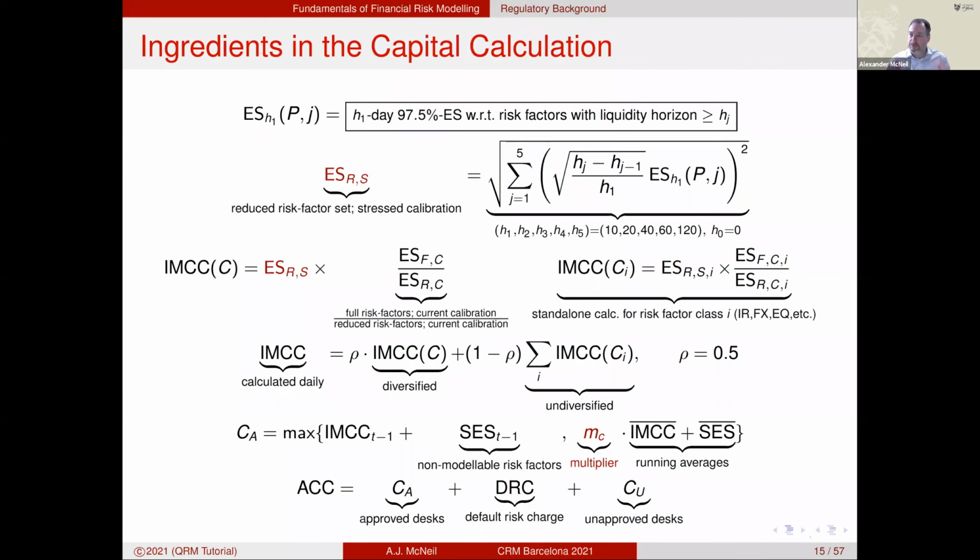They calculate expected shortfall values for different time horizons. This is designed to take into account the effect of liquidity risk. This complicated calculation in the second line is about mitigating the effect of liquidity risk by taking into account that it might take longer to sell or neutralize certain risks in the trading book than others.